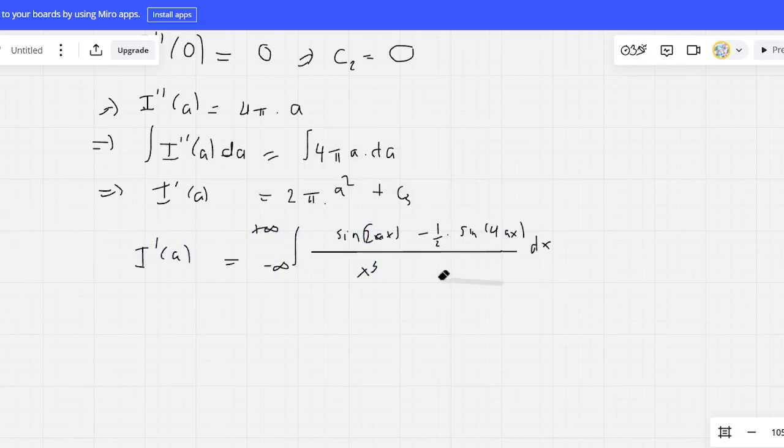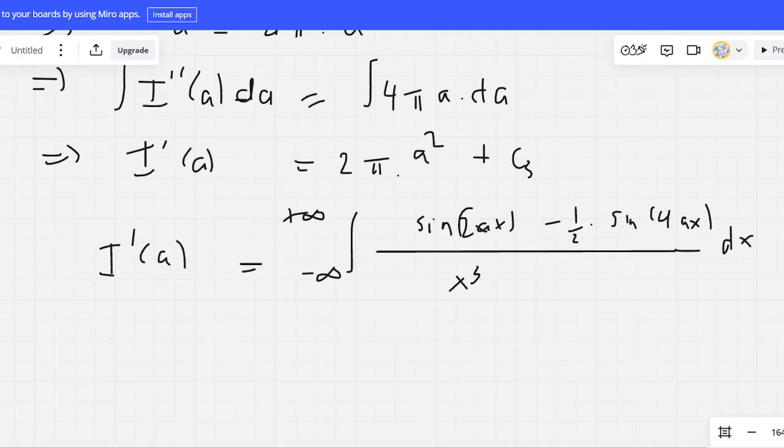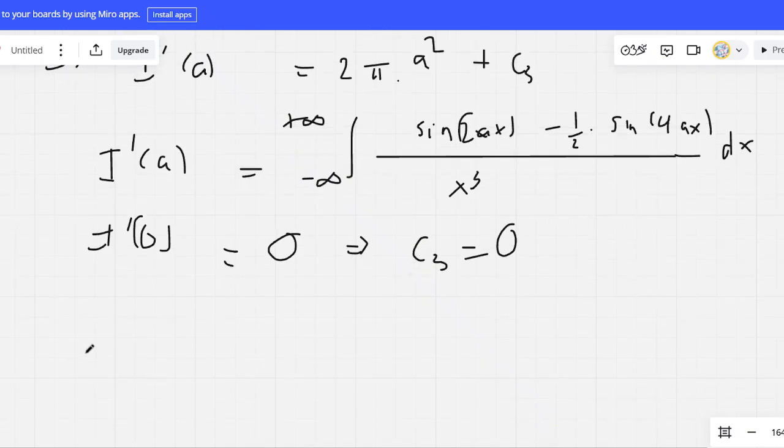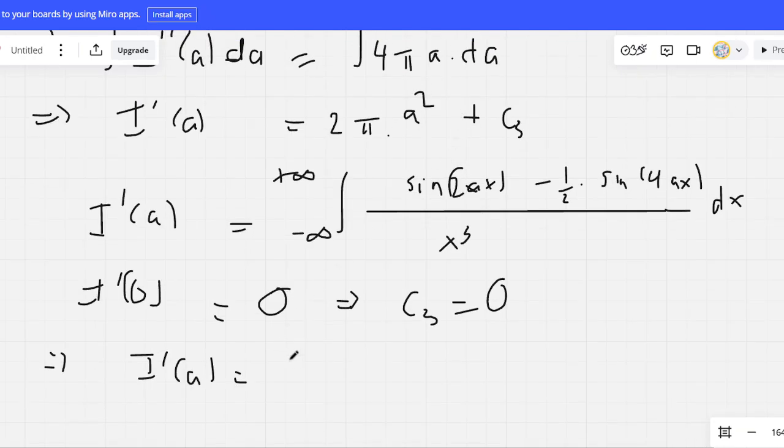So it looks intimidating. However, if you let a be 0, well, voila, sine 0 is 0, sine 0 is 0, the whole integral also collapses to 0, which means beautifully C3 is also just 0, which means that now we get I prime of a here equal to 2 pi a squared.